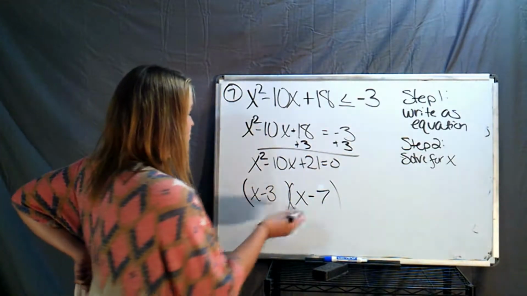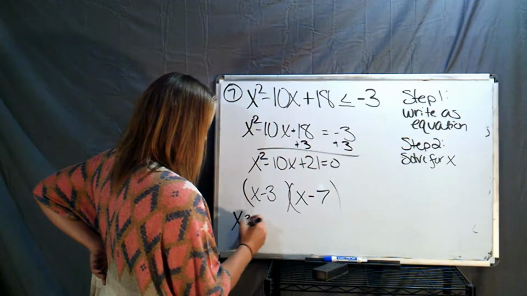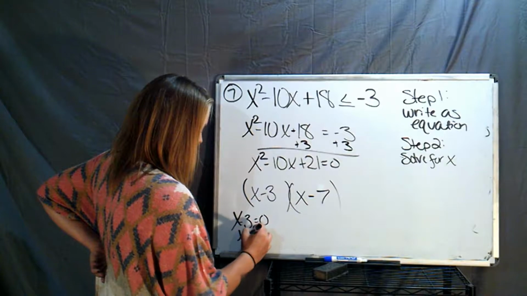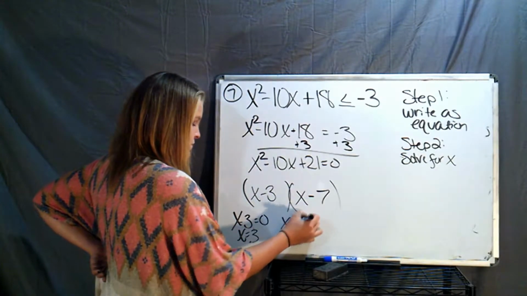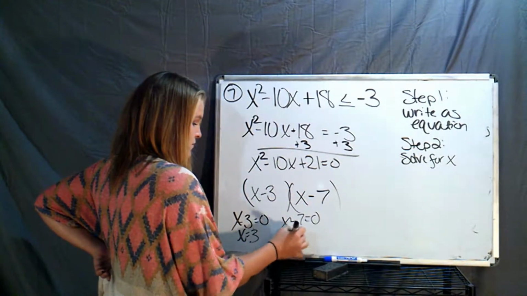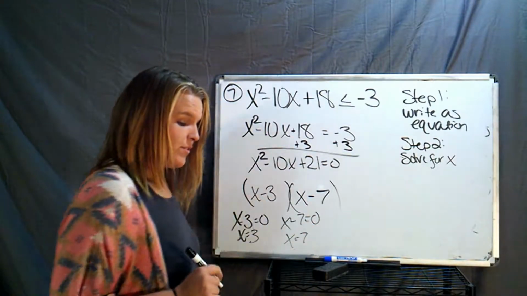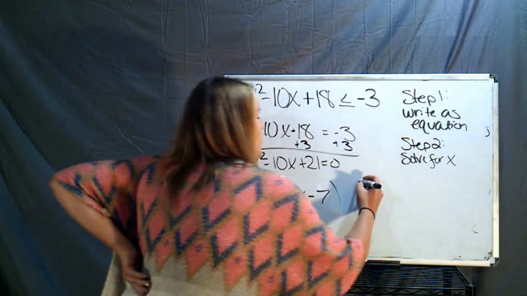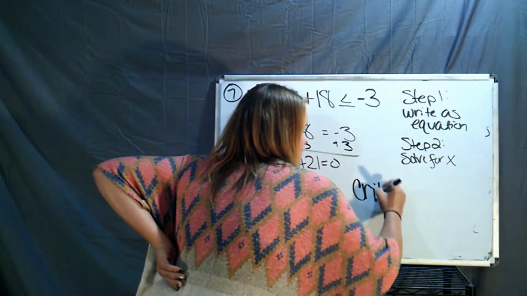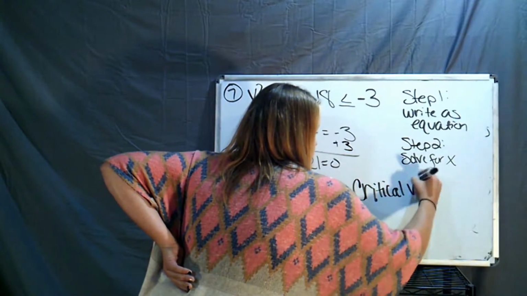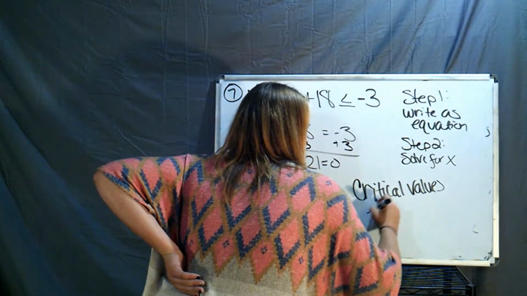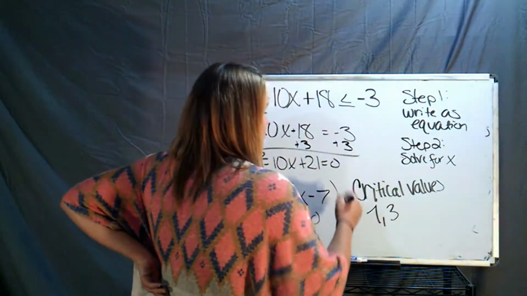I'm going to set both of these equal to 0 and solve for x. So x is equal to 7 and 3. This means that our critical values will be at 3 and 7, I should have written that as.